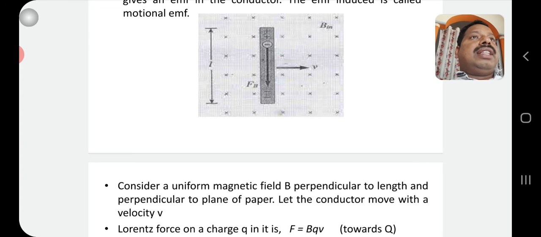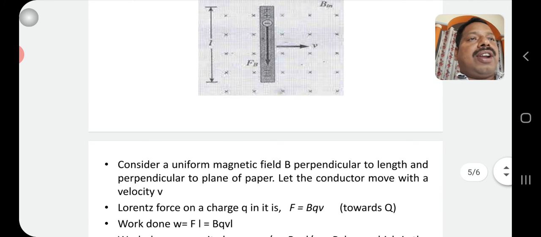Thereby the magnetic force, or mechanical force, exerted on these electrons would be along the length of the conductor. The net integrated push experienced by these electrons inside the conductor along its length is called the induced EMF.